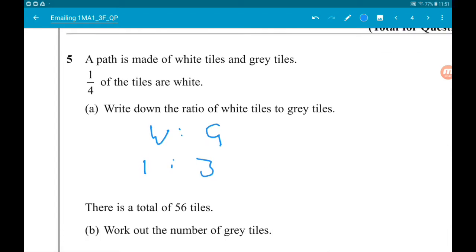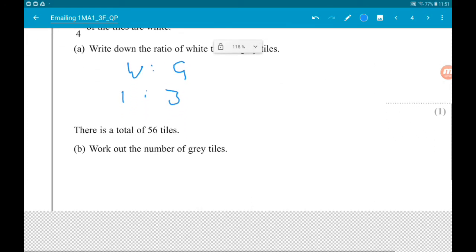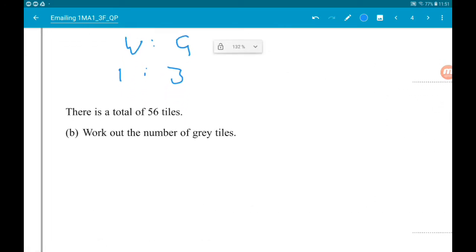Okay then, part B. There are a total of 56 tiles. We want to work out the number of grey tiles. Essentially, we are splitting 56 in the ratio 1 to 3. So one lot of the ratio is worth 4 tiles. We want to know how many lots of this ratio are in 56.